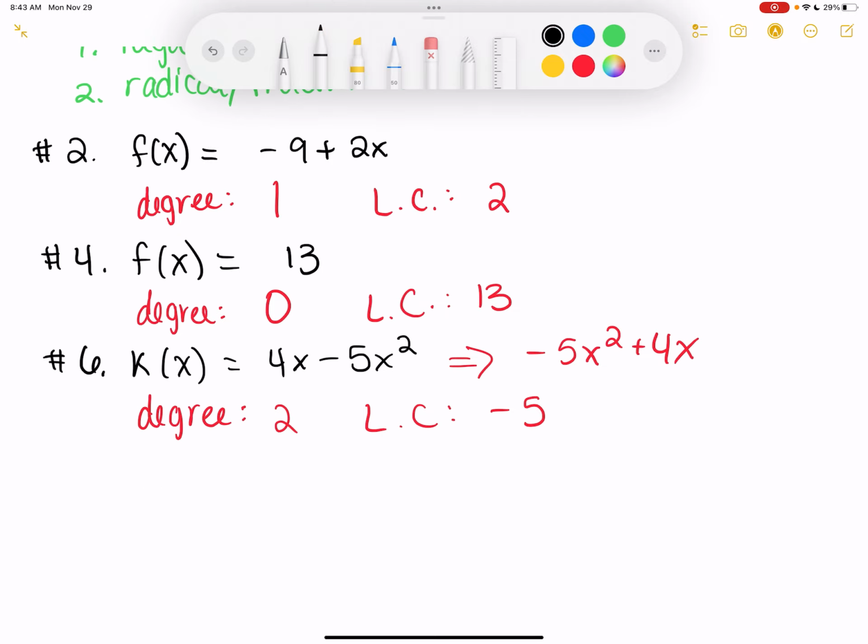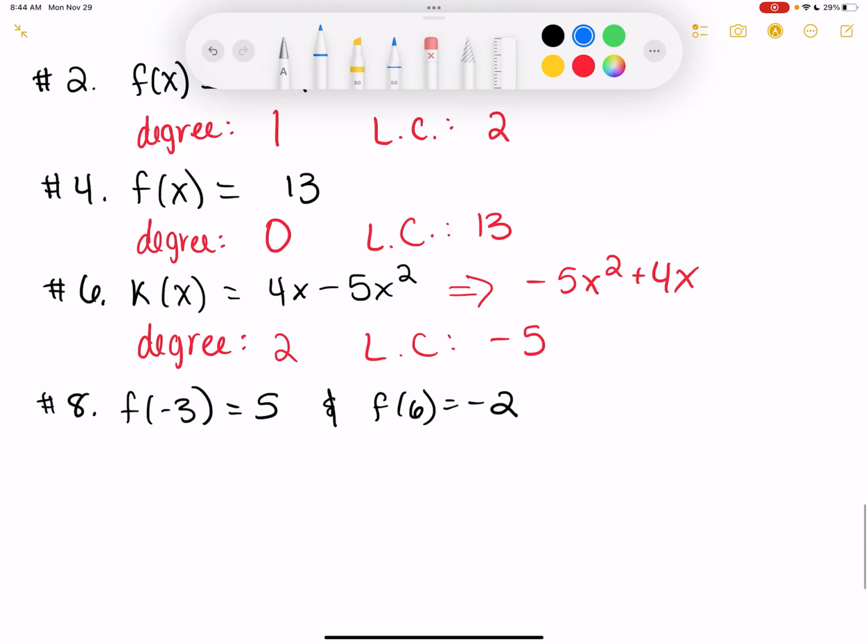All right, next one. Write an equation for the linear function f satisfying the given conditions. So 8, f of negative 3 is equal to 5, and f of 6 is equal to negative 2. Okay, so this tells me some important information here.